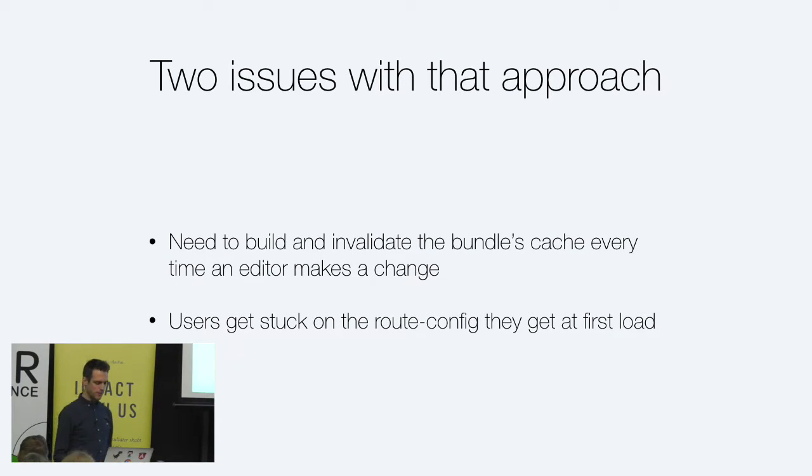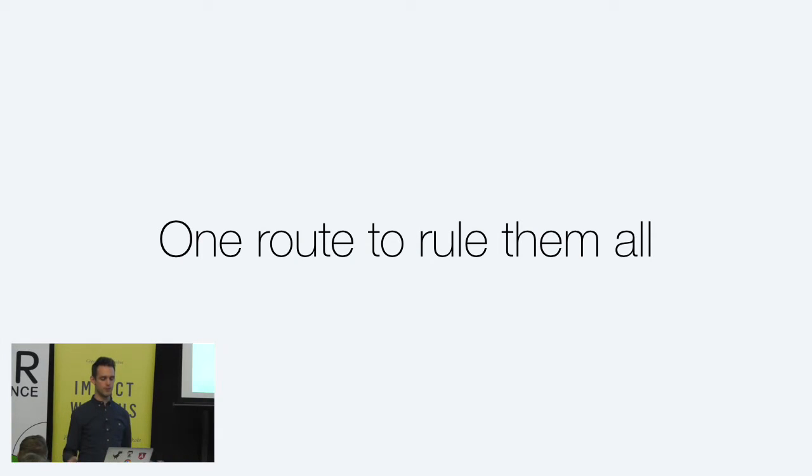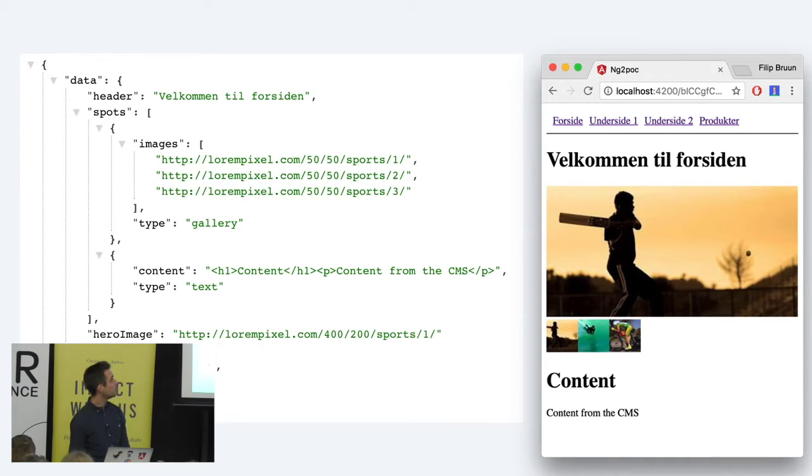So I thought to myself, I'll do one route to rule them all. If you've seen or heard any of my previous talks, I've talked a little bit about how I did this in Angular 1. I was looking for maybe a way to do the same kind of approach. So this is the data that I want the server to spit out.